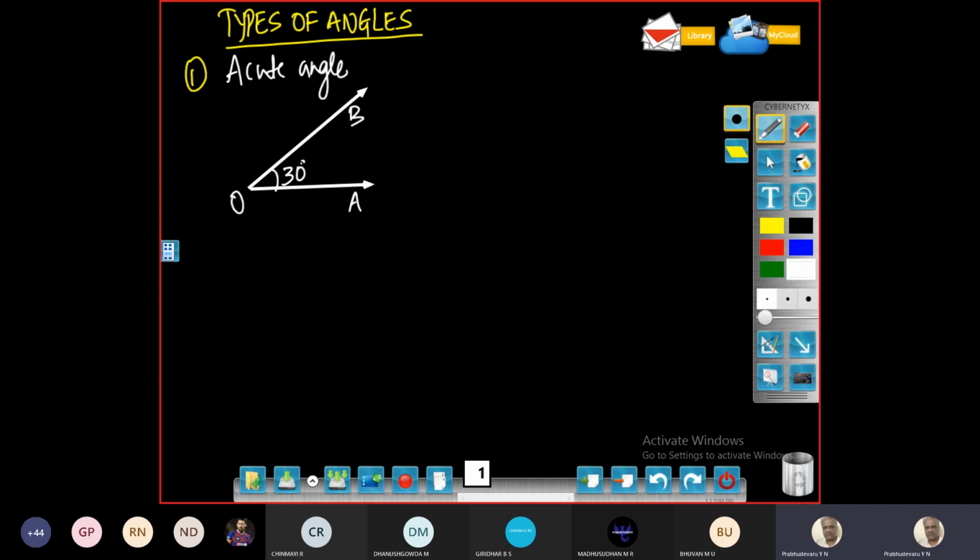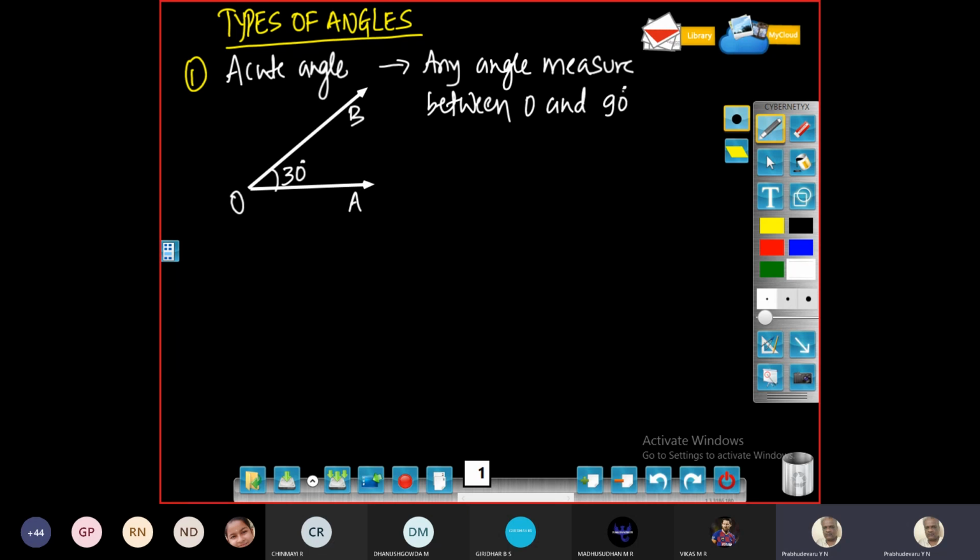So any angle that measures between 0 and 90 degrees is called an acute angle. They are known as acute angles.